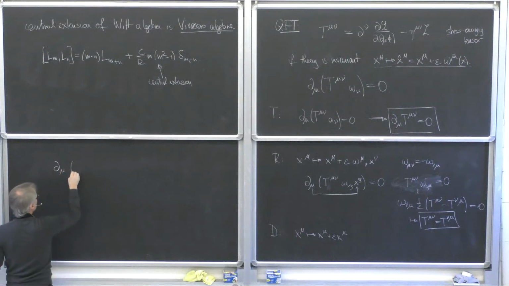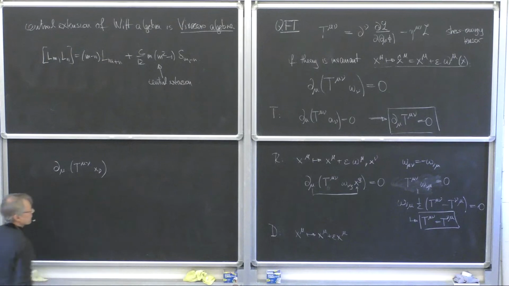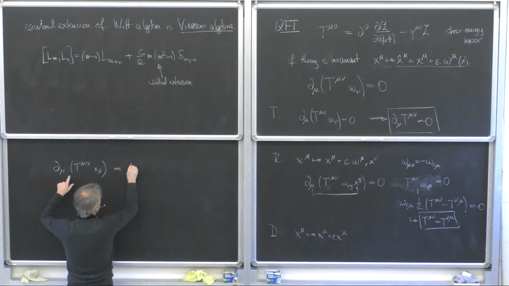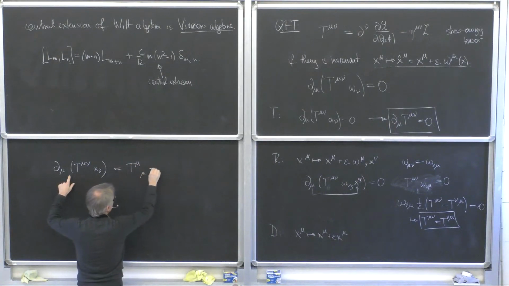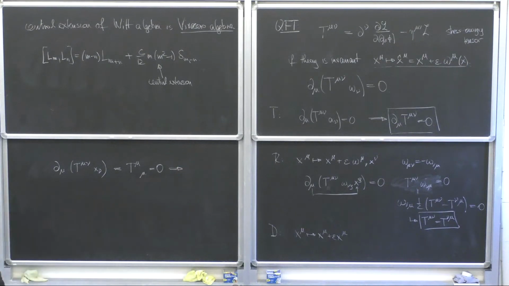It's T^μ_ν x^ν, right? This is the transformation, and then what you learn from that is that T^μ_μ is equal to 0. And that's the special feature about a conformal field theory.